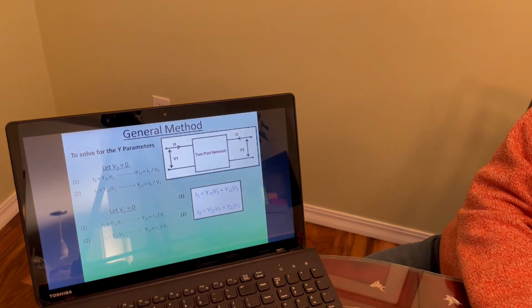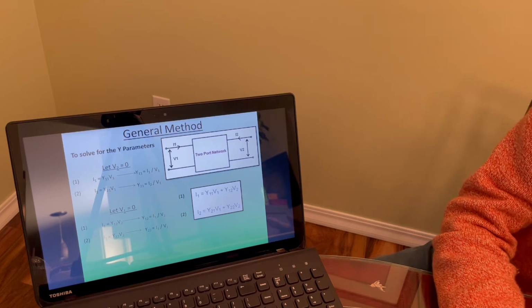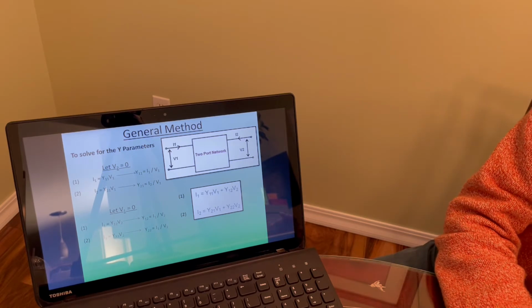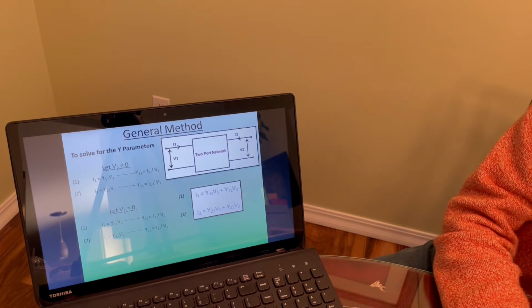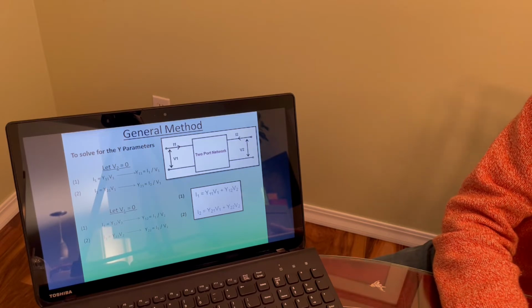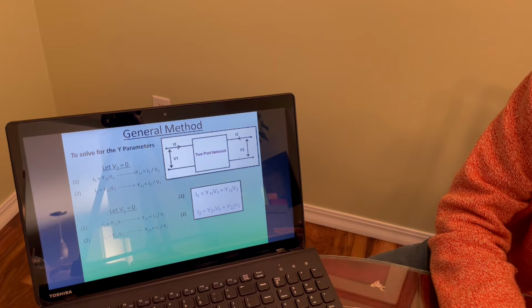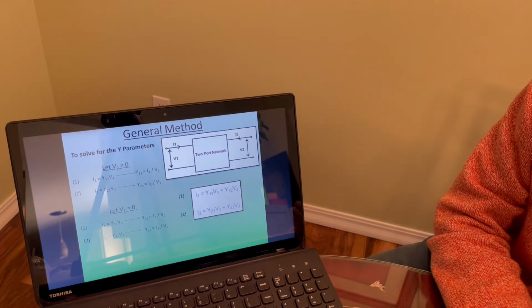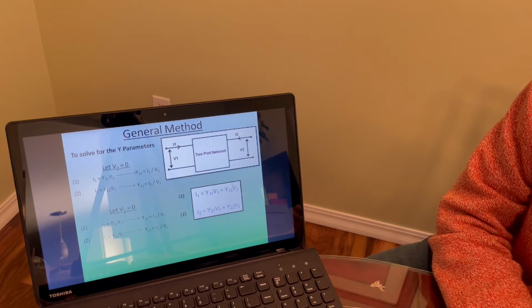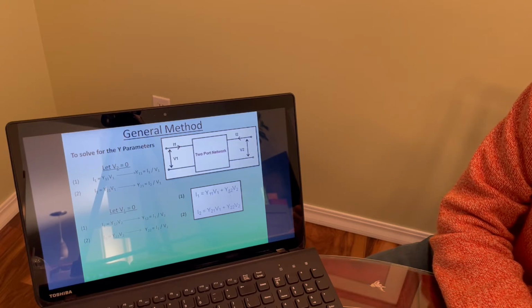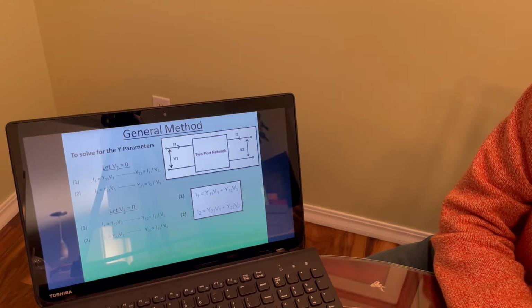The general method on how to solve for the Y matrix is to first let one port equal 0, let's say port 2, and we do this by short-circuiting that port. And when we do that, it leaves these terms with 0.